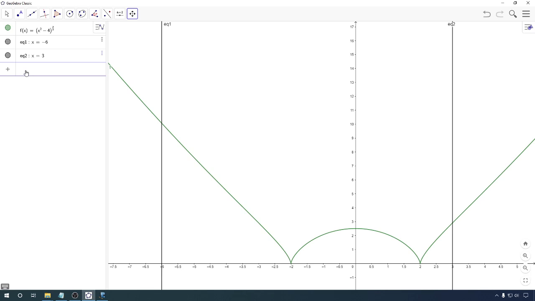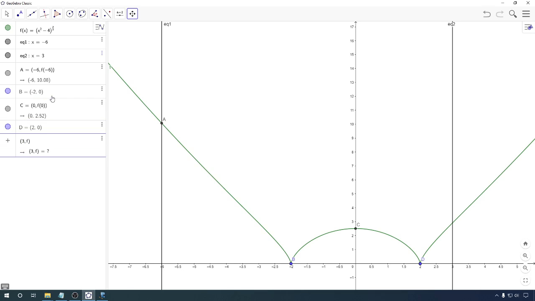So we have 5 different points. Remember, we have negative 6, comma, f of negative 6, and it was 10.08. We have the negative 2, 0. We have the 0, comma, f of 0. We have 2, 0. And finally, we have 3, comma, f of 3.